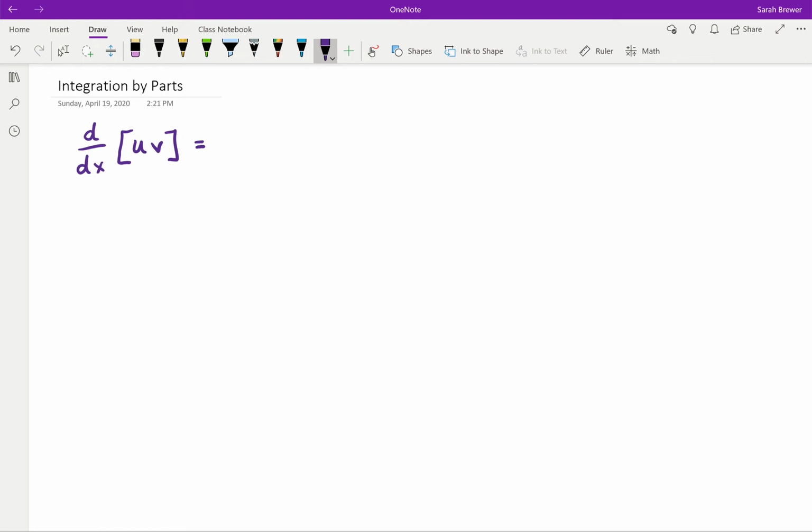So I've got u times the derivative of v plus v times the derivative of u. So I can think about this as uv prime plus vu prime, okay? The derivative of v with respect to x, just thinking of it as v prime.